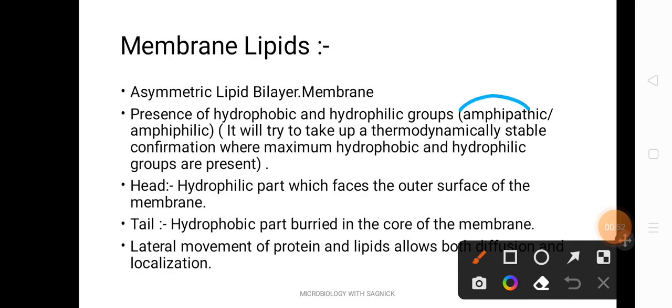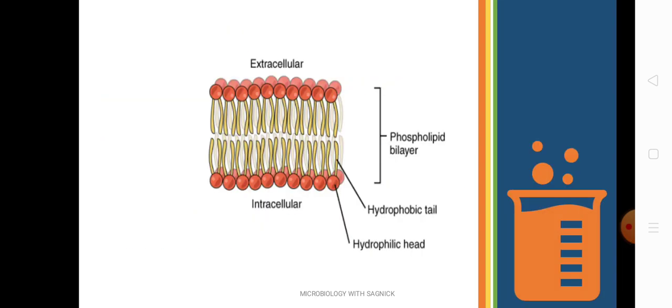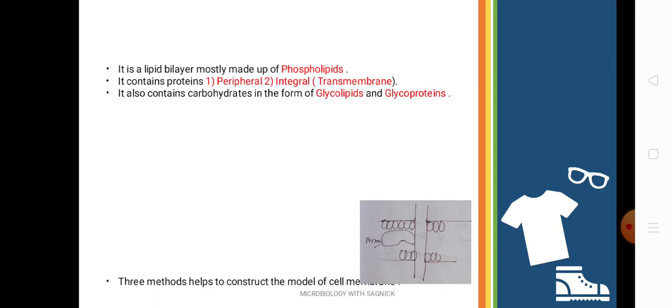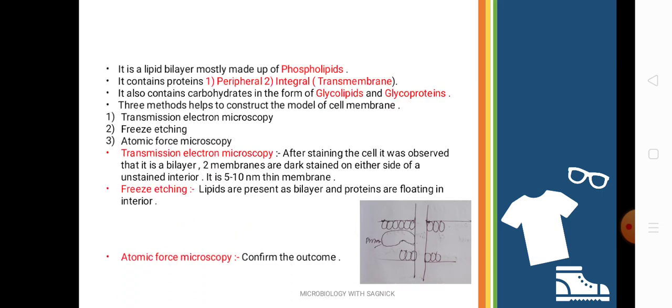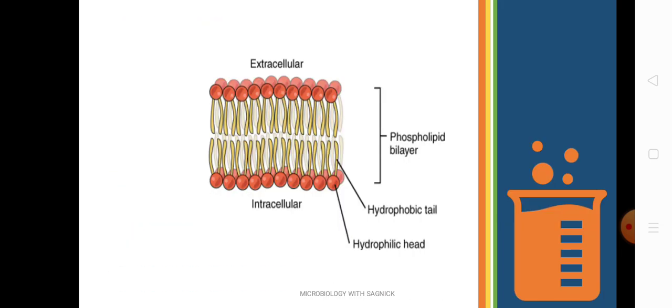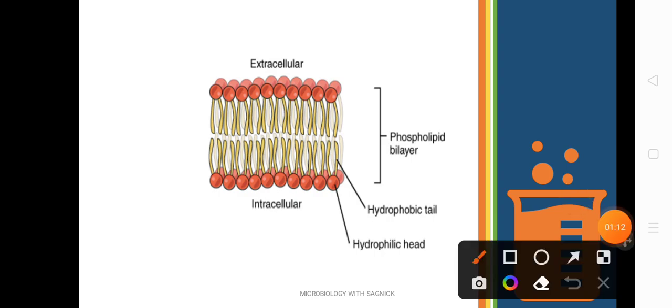Amphipathic molecule means both hydrophobic and hydrophilic groups are present, and it will exist in such a situation that will be thermodynamically stable. So let's move to a picture that we discussed in our very first lecture on the fluid mosaic model, that is this one.